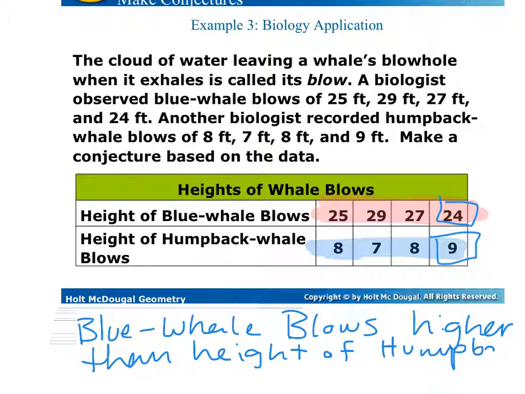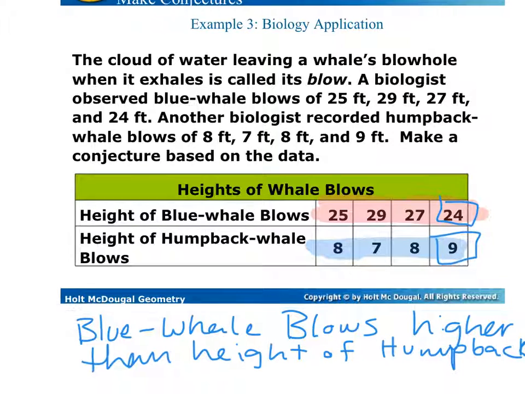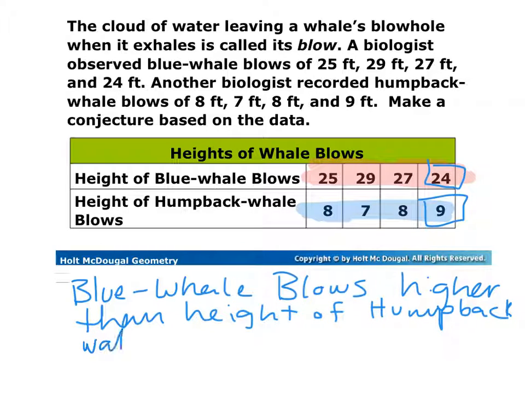That's the answer. That's all we're finding. So we're taking the information that's given to us and making a conjecture, which is making a true statement about the information that was given. So this is math.